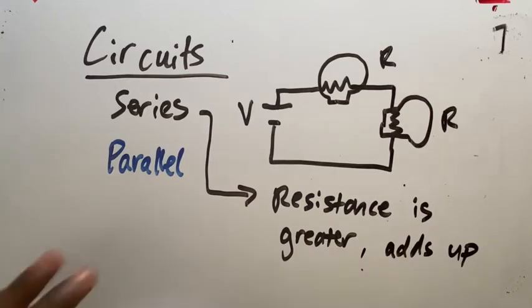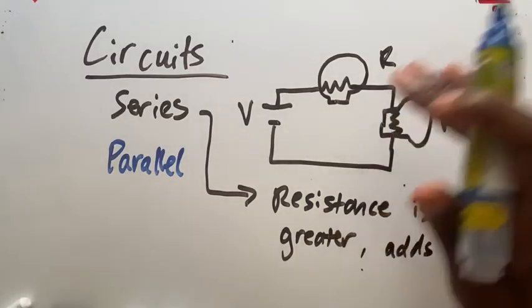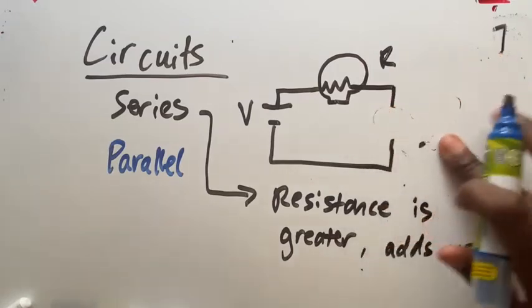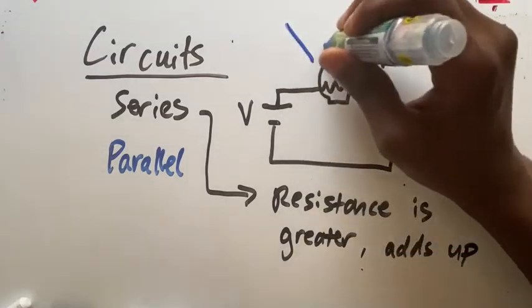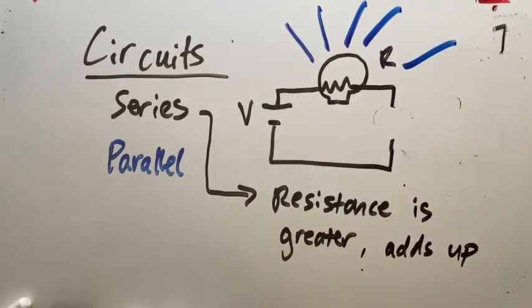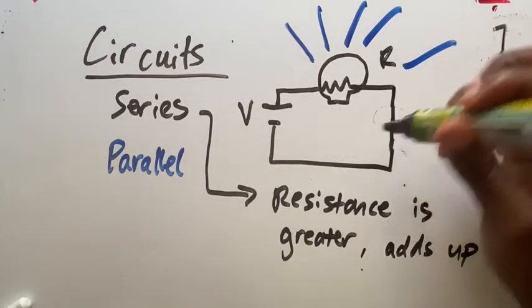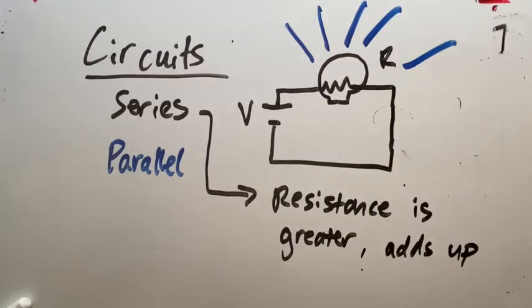So let's say we have 1 light bulb first, and this light bulb shines really, really bright.